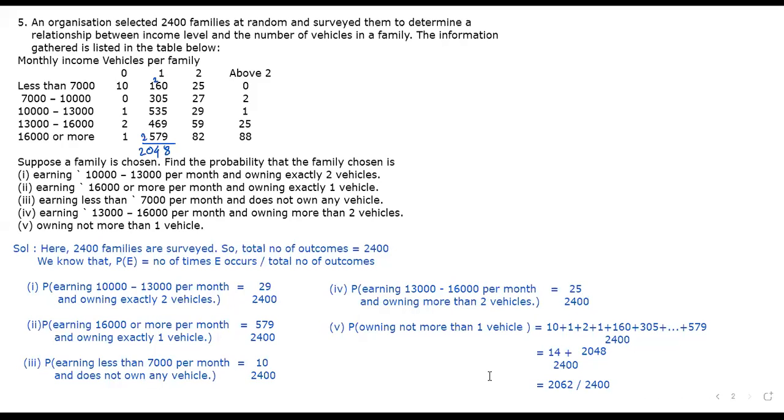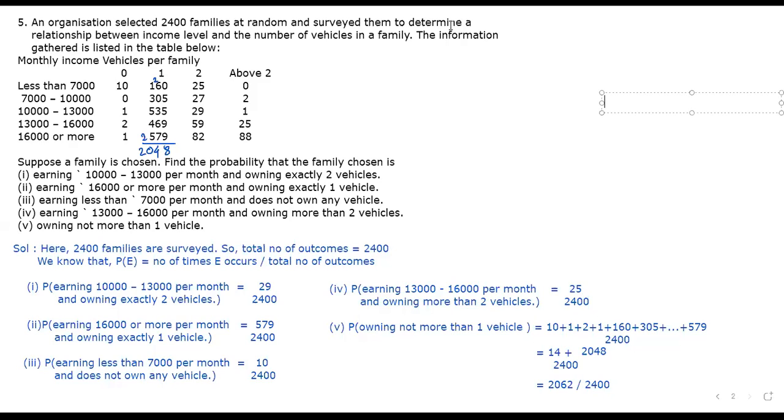Let me check. 25 plus 27, 52 plus 29, 81. 81 plus 59, 140. 140 plus 82, 222 plus 2, 224 plus 125, 250 plus 88, 338 plus 2062. Yes, correct. 2062 is the right answer.